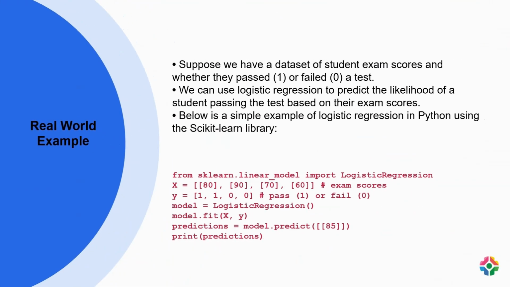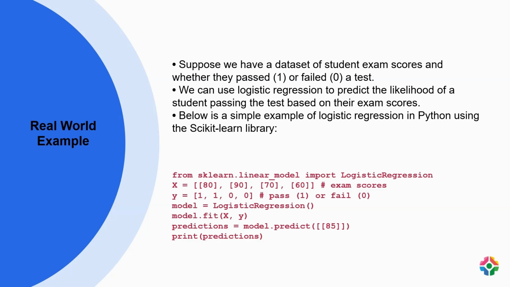Logistic regression is a statistical method used for binary classification tasks. In this case, we can predict whether a student will pass or fail a test based on their exam scores. The logistic regression model estimates the probability of an event occurring, passing the test, based on one or more predictor variables, exam scores.